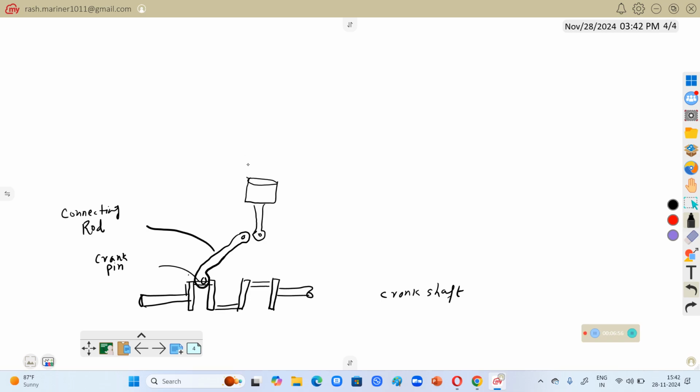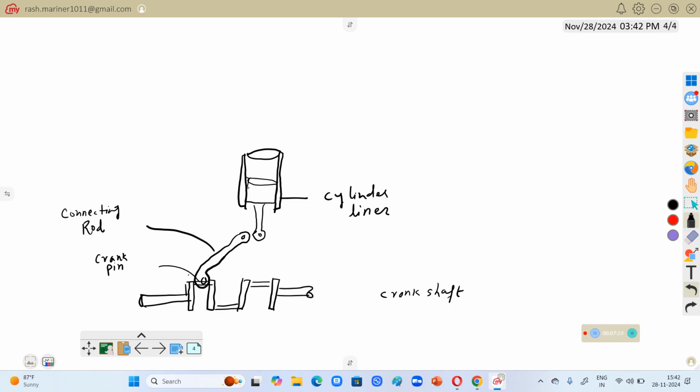So how will this piston reciprocate? It will reciprocate in a cylindrical thing, and this cylindrical thing is known as the cylinder liner.